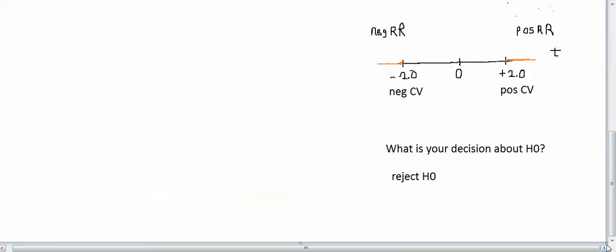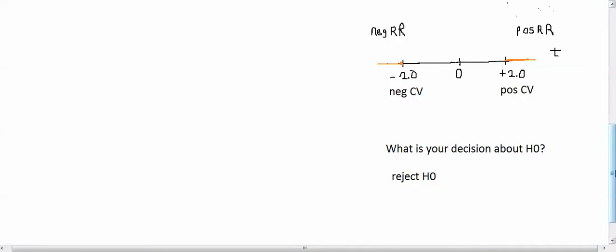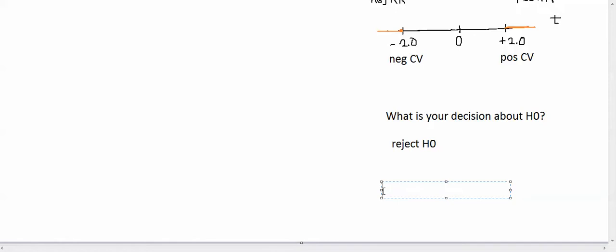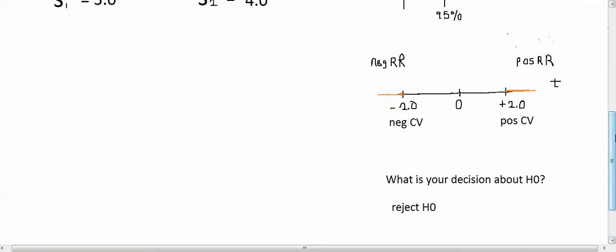The next part says, what's your final conclusion? The final conclusion depends on which of the three areas the t-score is in.